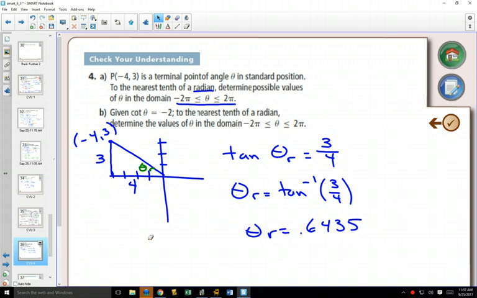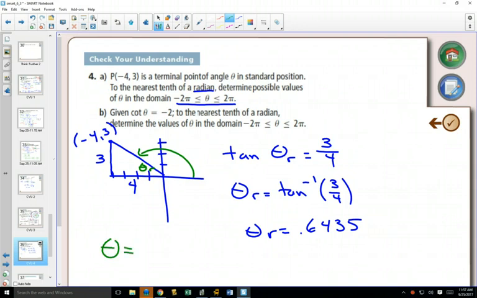So from negative 2 pi to 2 pi, if we're thinking about the positive angles, can you see that starting from here, 0 to 2 pi is once around the circle, and this would be the only positive answer. Now, how do we write that angle?